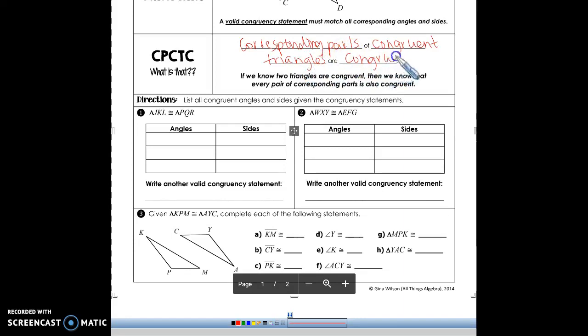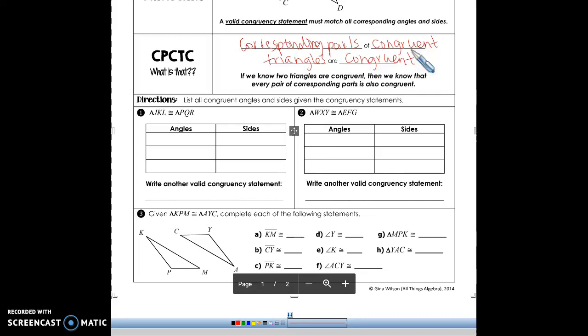This will be something very important that we use when we are proving triangles congruent. If the triangles are congruent, then all corresponding angles and all corresponding sides have to be congruent.